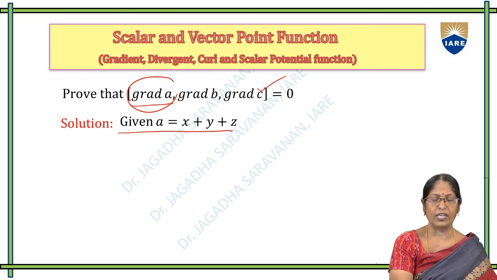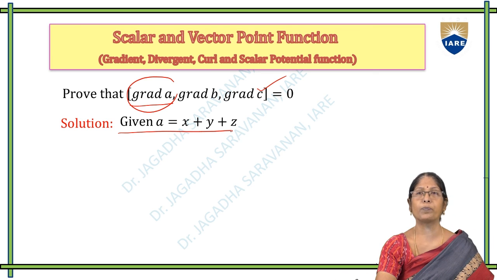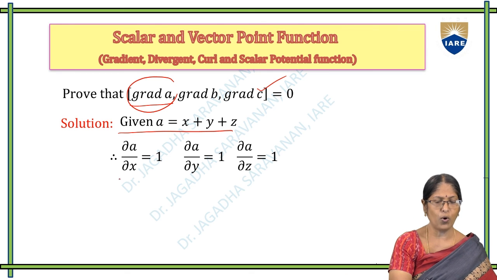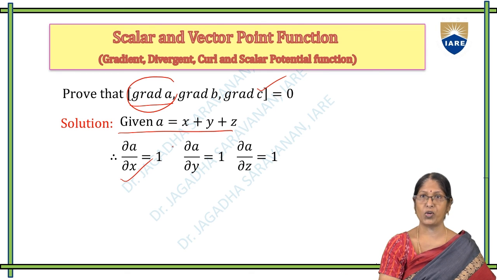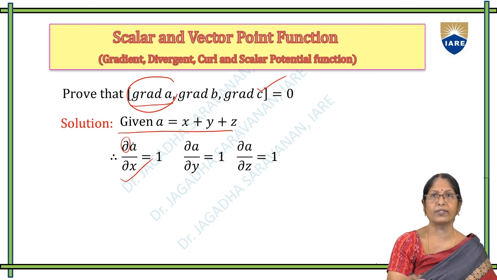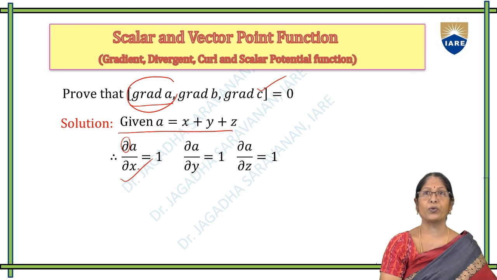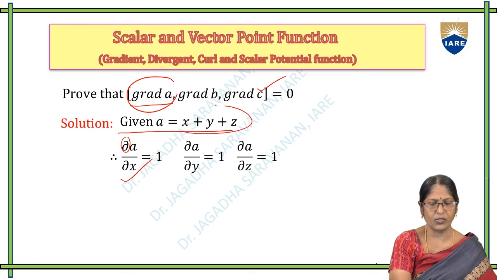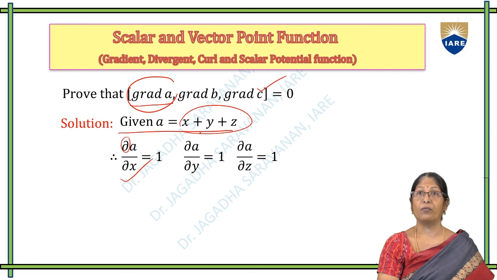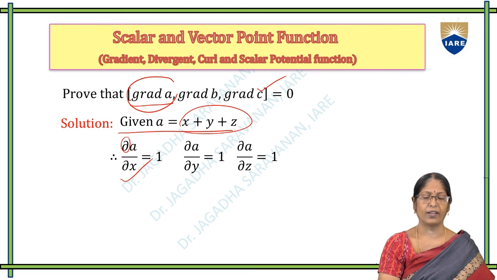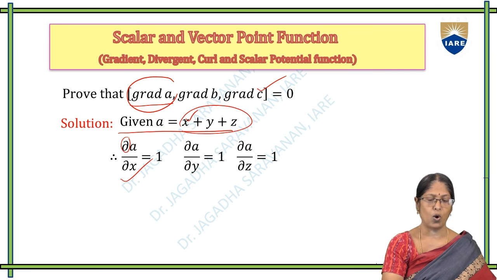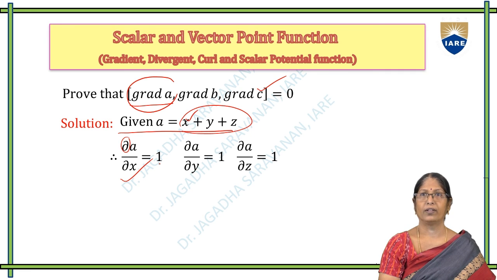That is, given A equal to x plus y plus z, dou A by dou x, partially. Dou represents partial differentiation notation. So we have to differentiate A with respect to x. So we are searching the equation where the x variable is there. Here is our x variable. So the partial differentiation is 1. So x, y, z, three variables are there.